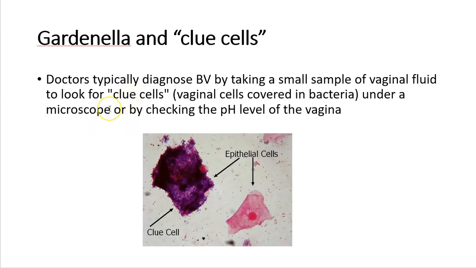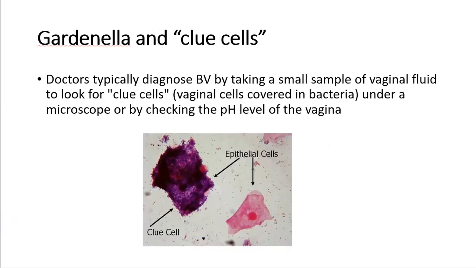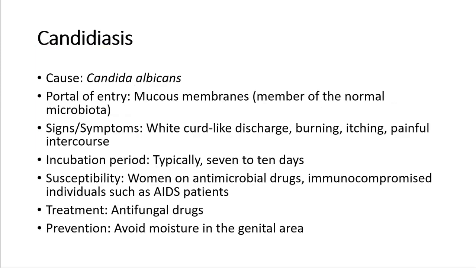Doctors typically diagnose this disease by taking a small sample of the vaginal fluid and looking for clue cells. You can see the epithelial cell versus the clue cells under a microscope, or by checking the pH, that will tell you pretty well what's going on. And again, we can grow it out.